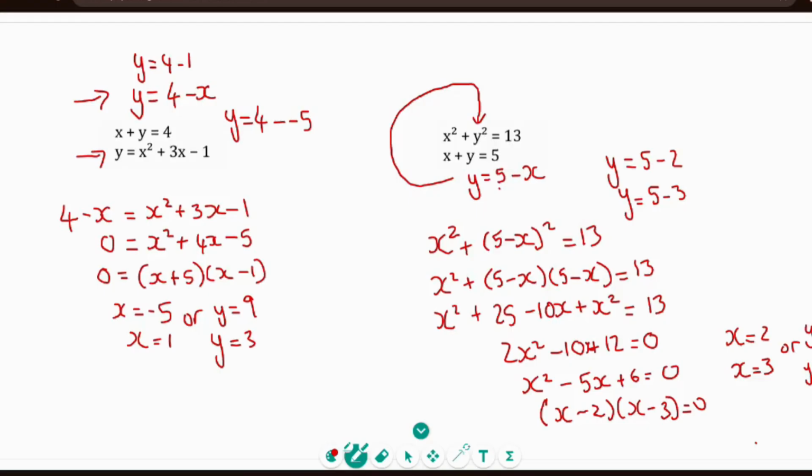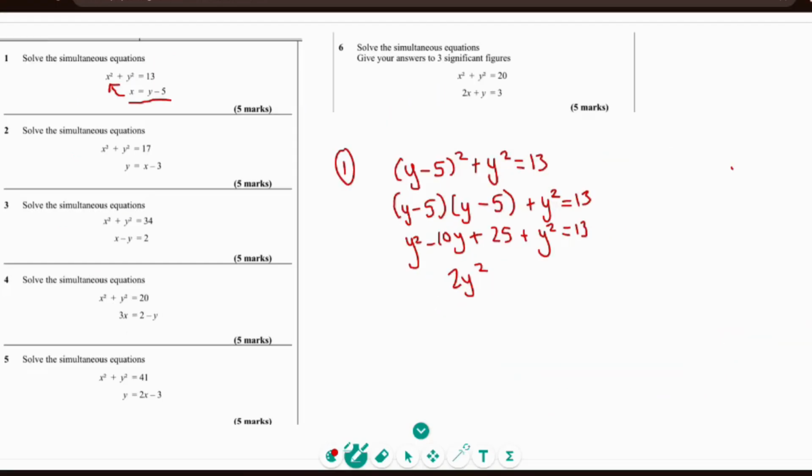I've got a feeling, oh no, okay, this is slightly different to the last one, but very, very similar. Divide through by 2.